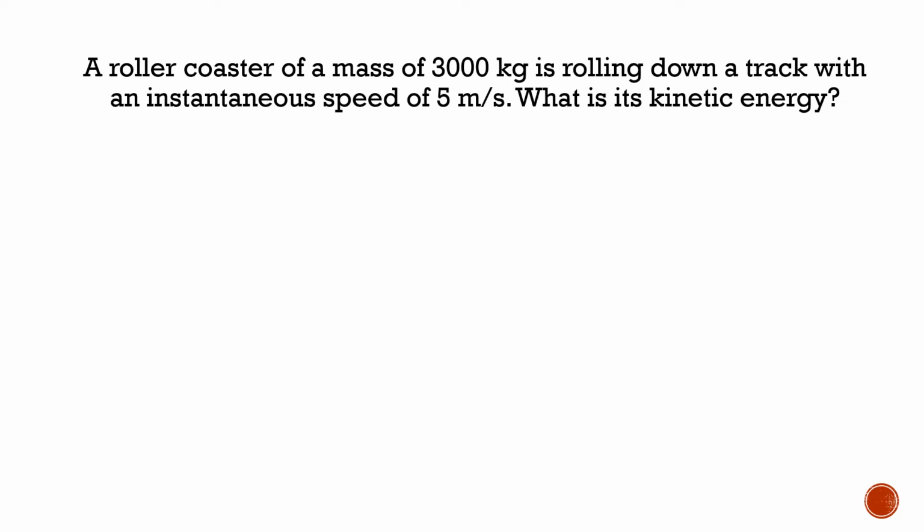In order for us to solve this, let us use the GRESA method. Here, our given is 3,000 kilograms, which is our mass. Next, we have 5 meters per second, which is our speed with a symbol of v.